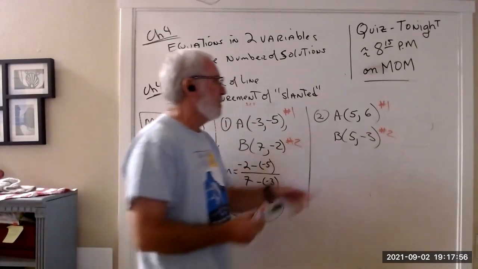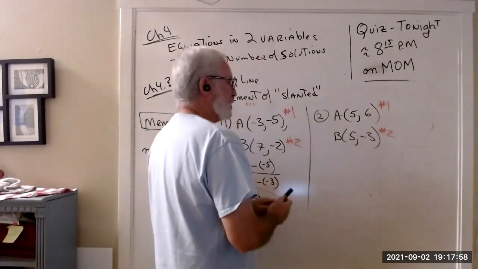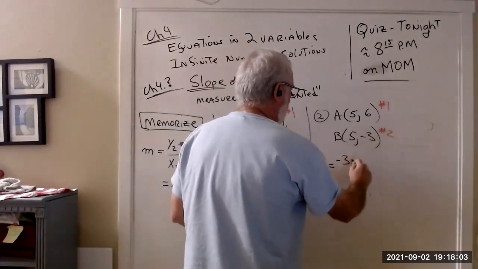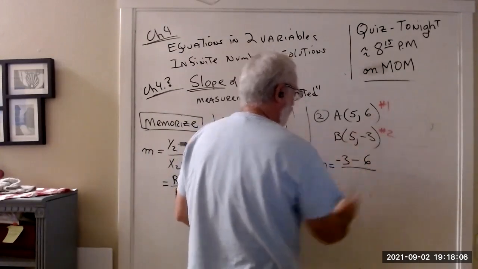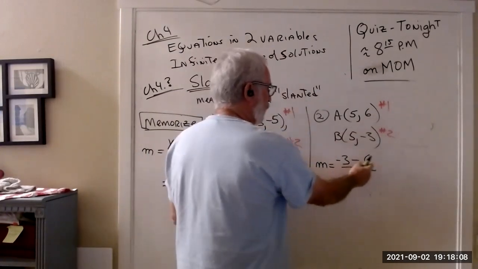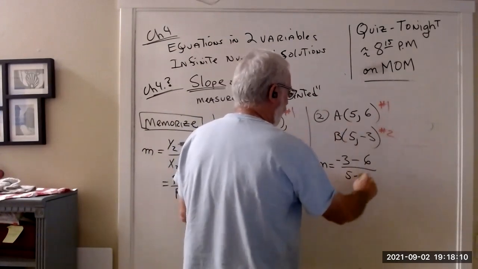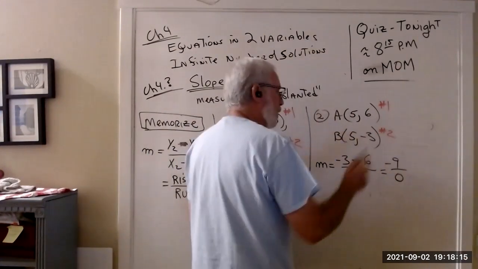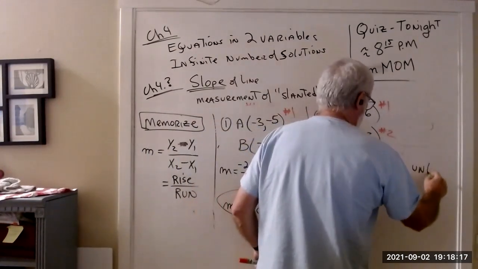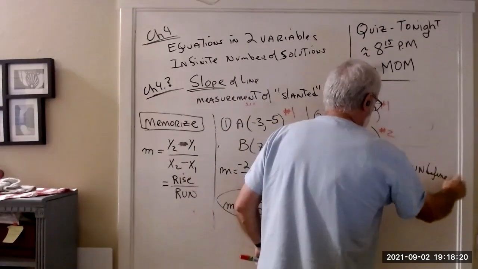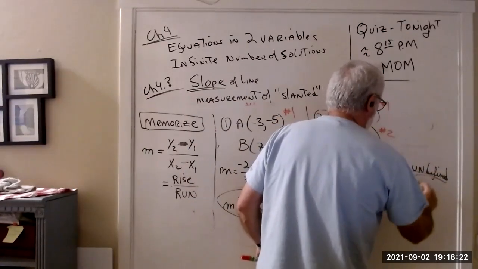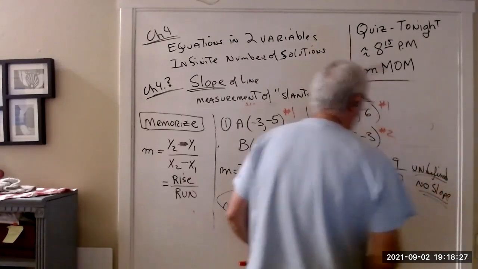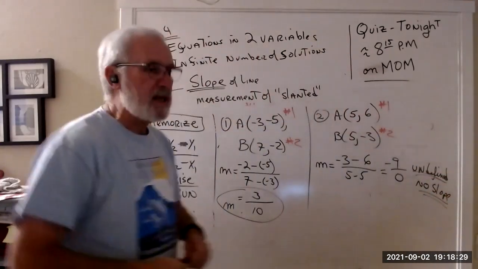If I go y sub 2 minus y sub 1, so m equals -3 minus 6, that's second y minus first y, over 5 minus 5. That gives me -9 over 0, which is undefined, or we say there is no slope. That's really kind of important.